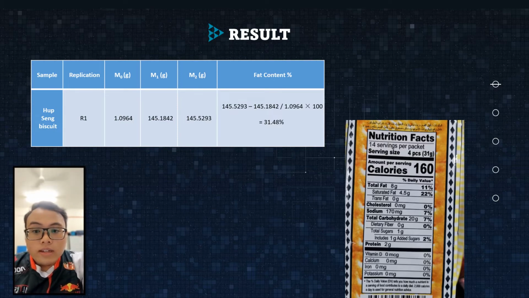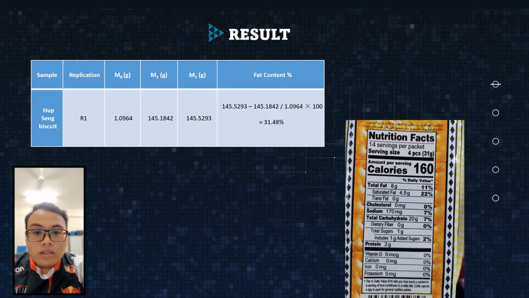So from the formula, 145.5293 minus 145.1842 per 1.0964, times 100.